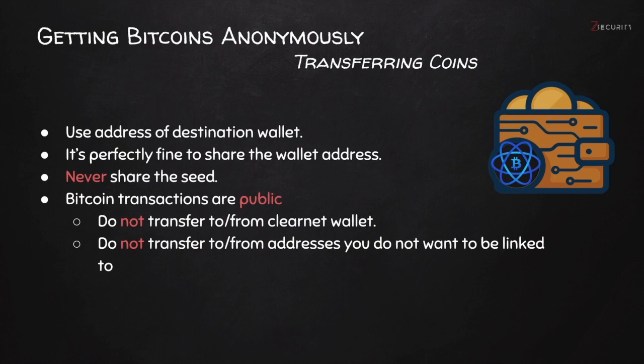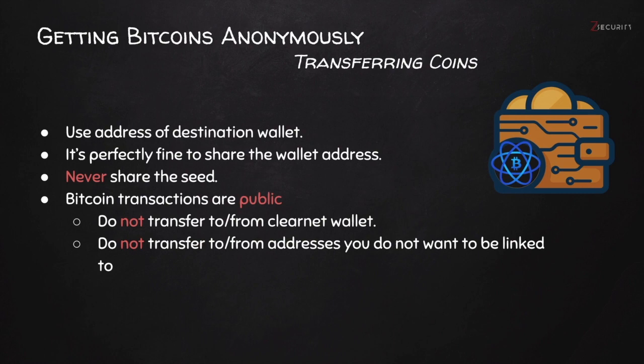Now, one thing you should always keep in mind when using Bitcoins, the Bitcoin ledger or the whole blockchain is public. So all the transfers on the blockchain are visible to anyone in the world. Therefore, you should never transfer money to and from an account that you do not want to be linked to.